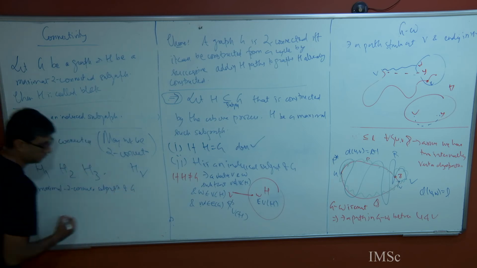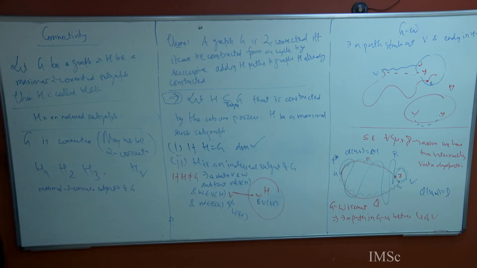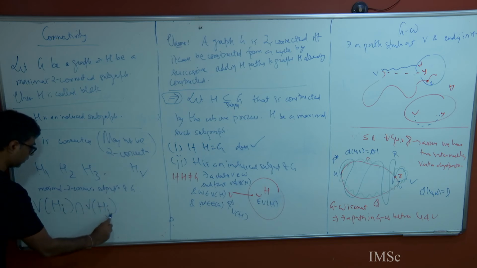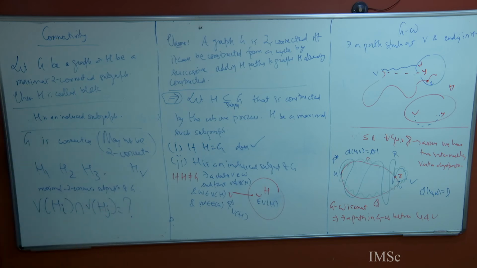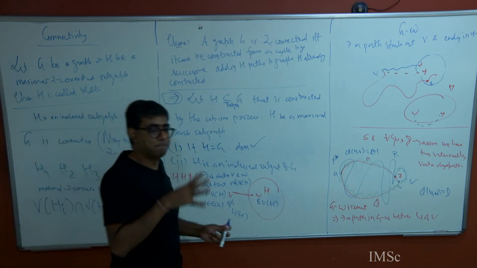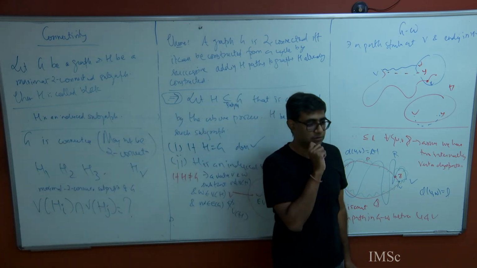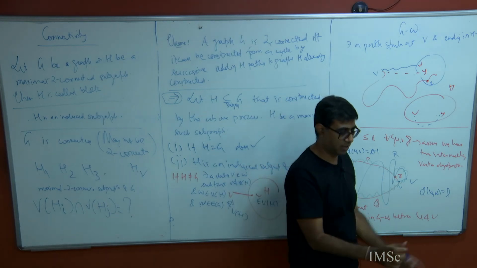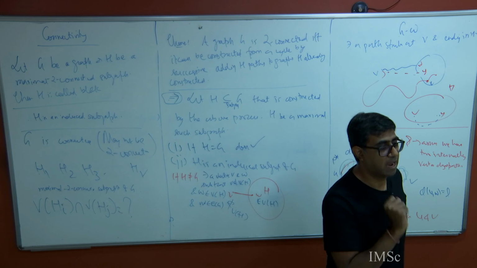Now my first question is, you understood my question? Okay. So I give you a graph G, and let H1 be a maximal connected subgraph. Then you said that if I use this word for maximal connected subgraphs, their pairwise intersection is empty.